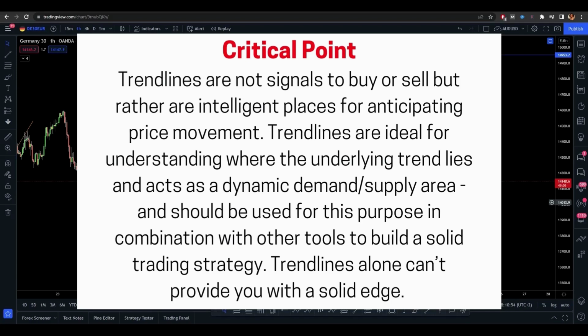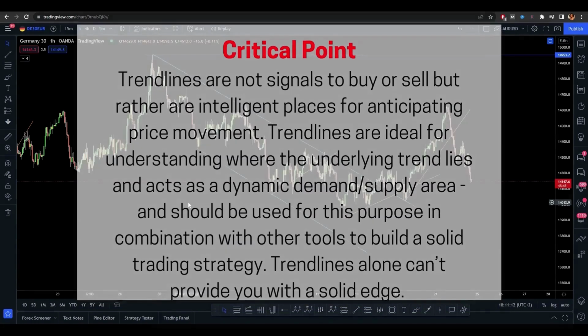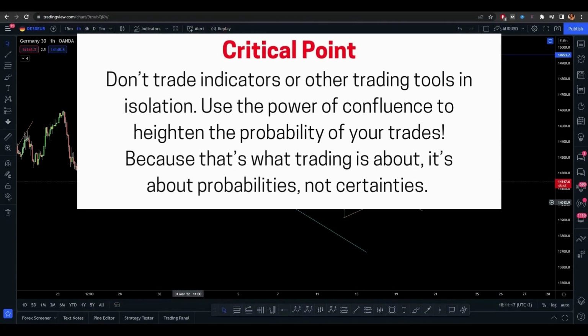Trend lines are ideal for understanding where the underlying trend lies and act as a dynamic demand supply area. They should be used for this purpose and in combination with other tools to build a solid strategy. Trend lines alone cannot provide you with a solid edge. Don't trade indicators or other trading tools in isolation. Use the power of confluence to heighten the probability of your trades, because that's what trading is about. It's about probabilities, not certainties.